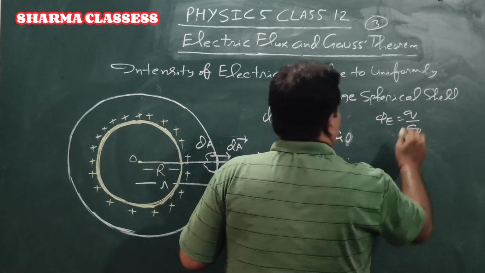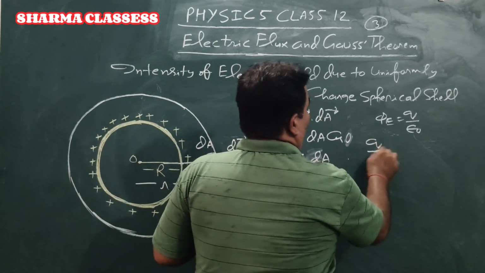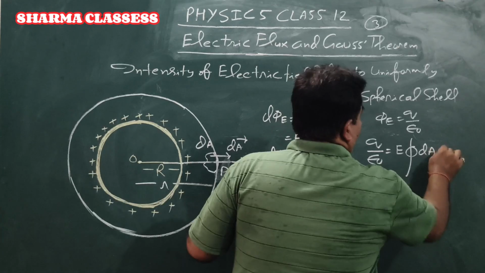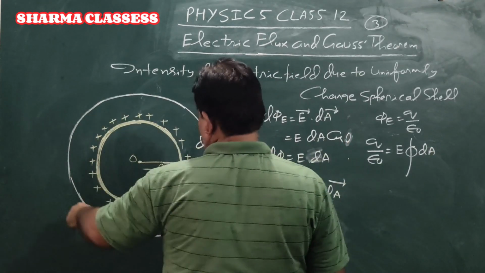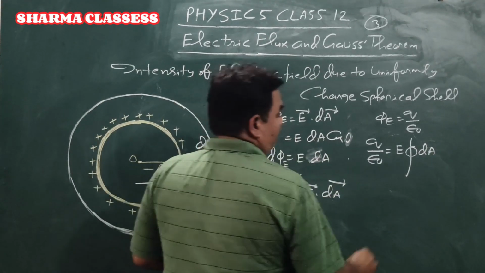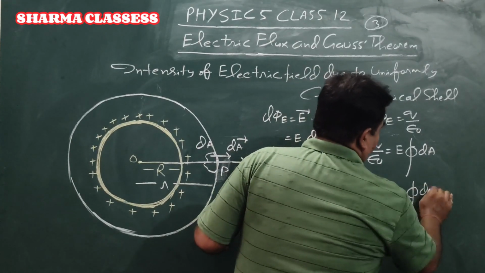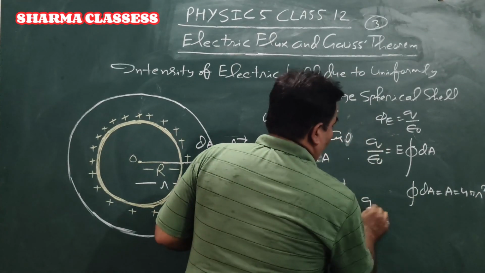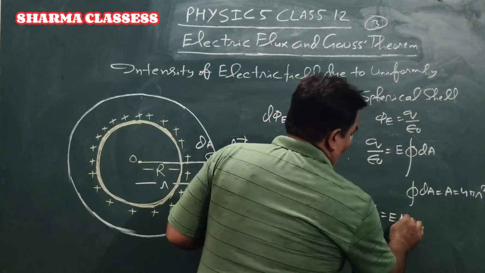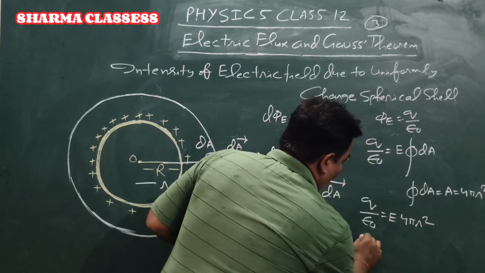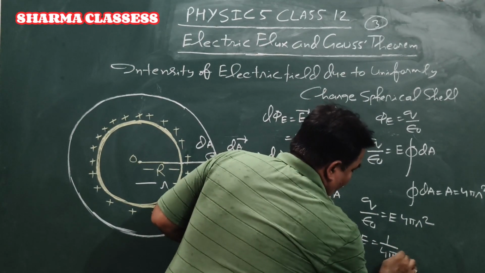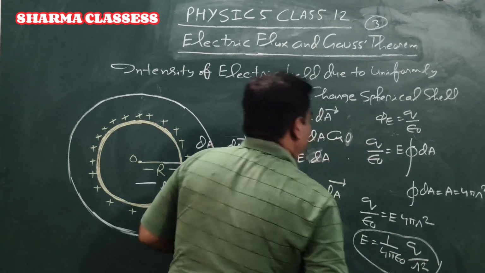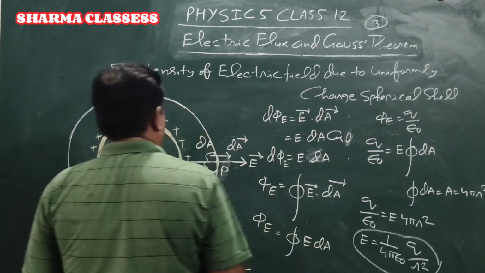Putting the value, E is taken out, and the integration of dA means the whole area of the surface, that is 4 pi r square. So Q upon epsilon naught equals E into 4 pi r square. The value of E is 1 upon 4 pi epsilon naught Q upon r square. That is the formula of intensity of electric field just outside of the surface.